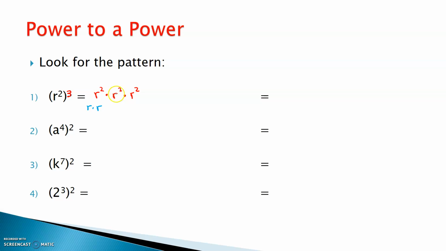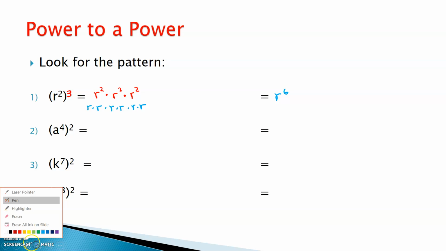And the next one means r times r, and this last one means r times r. So how many? 1, 2, 3, 4, 5, 6: r to the 6th power. So again, we had r to the second to the third power. Maybe start thinking about how they got 6 there.